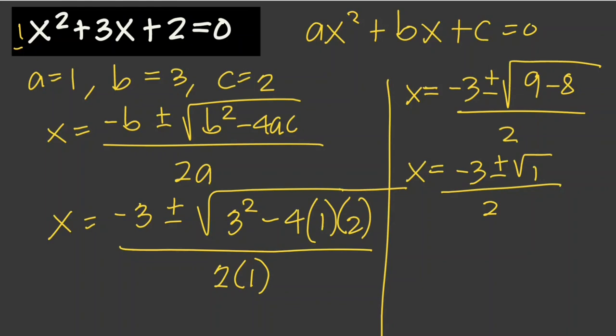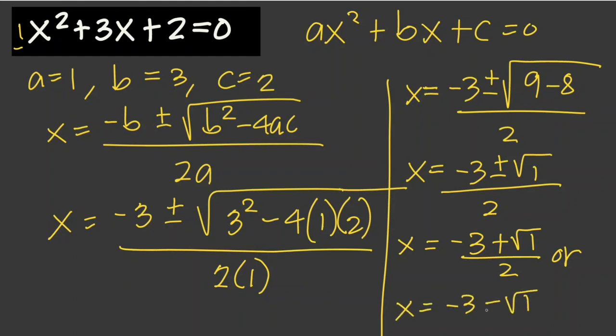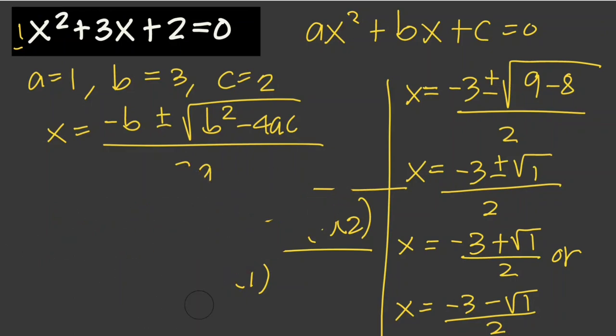So we can evaluate plus minus here to get two answers. So our first x is equal to negative 3 plus square root of 1 over 2, or x is equal to negative 3 minus square root of 1 over 2. We can simplify that one further.